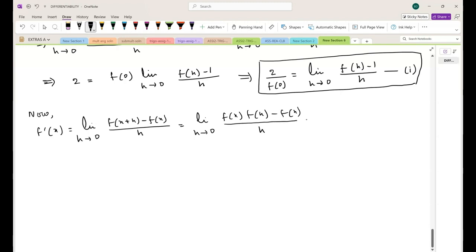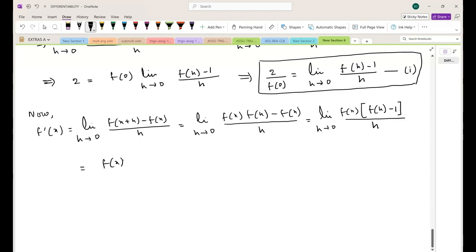Again same thing we are doing here, h tends to 0, taking fx common, it is fh minus 1 by h, that is equal to fx.